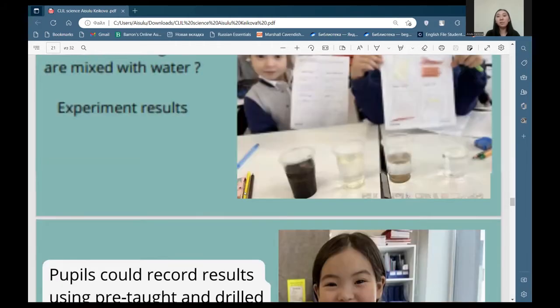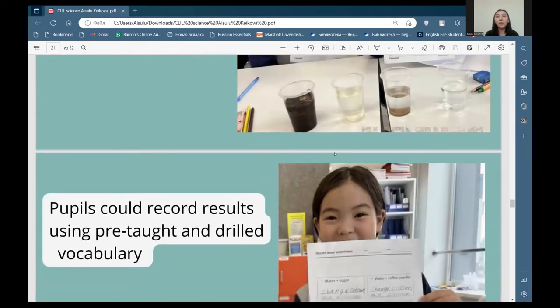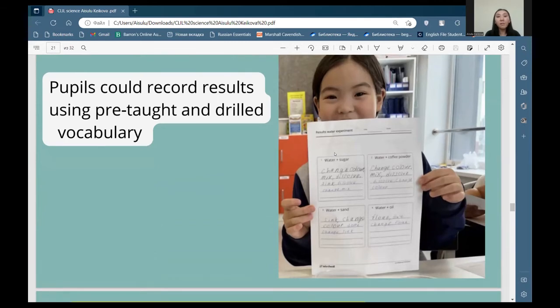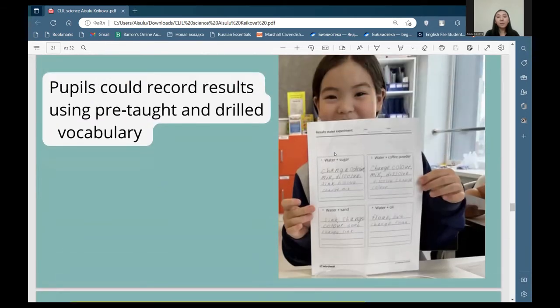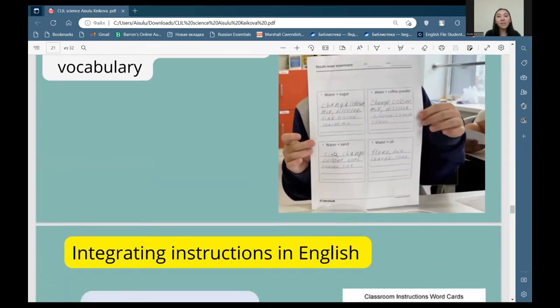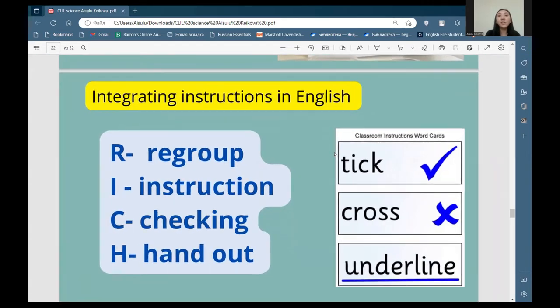It was easier for them because before they just drew it, and after they could actually record using the proper verbs and other key vocabulary. This is one way of preparing tasks, and the second is integrating instructions in English.